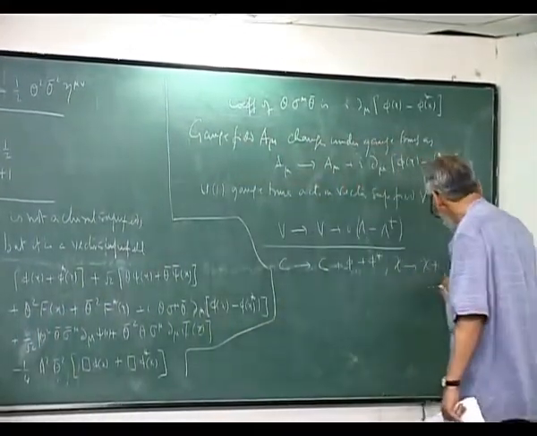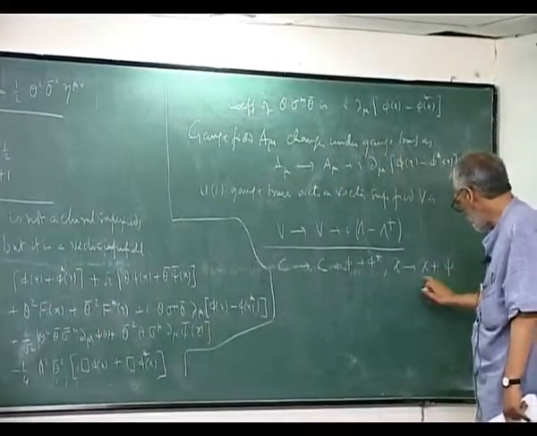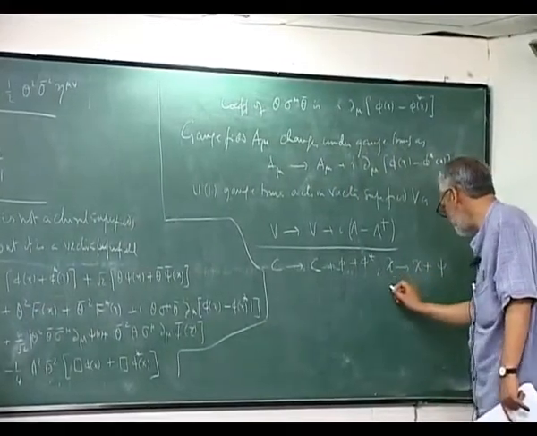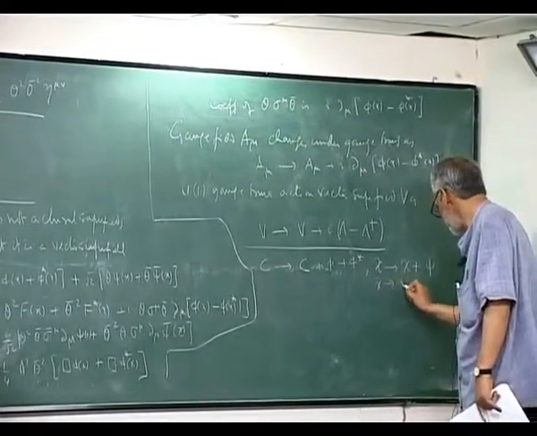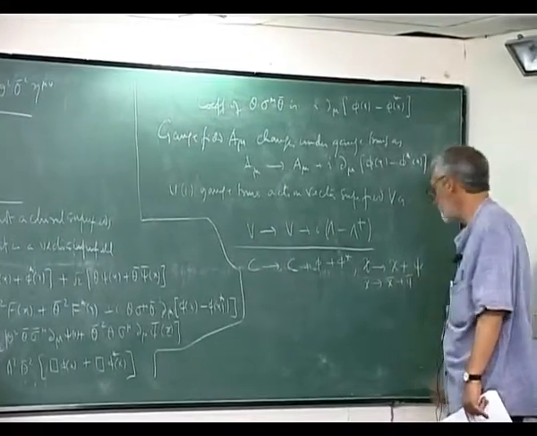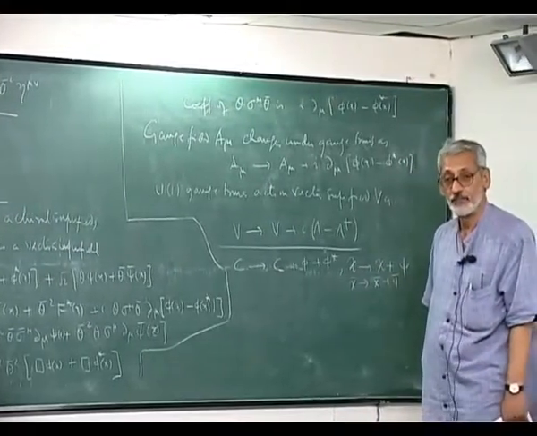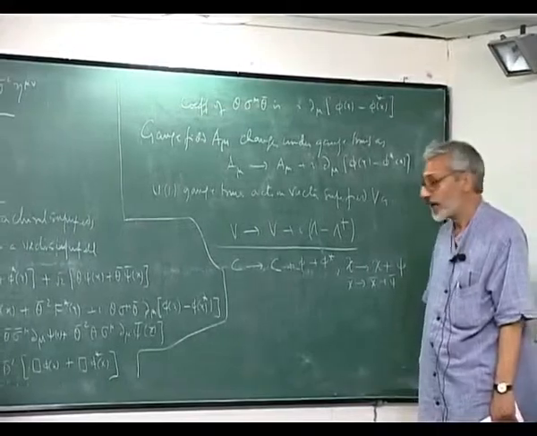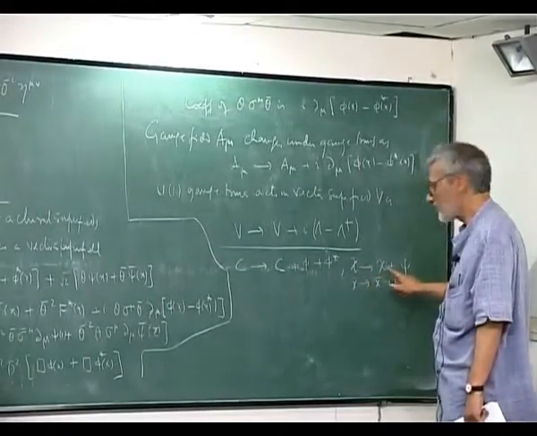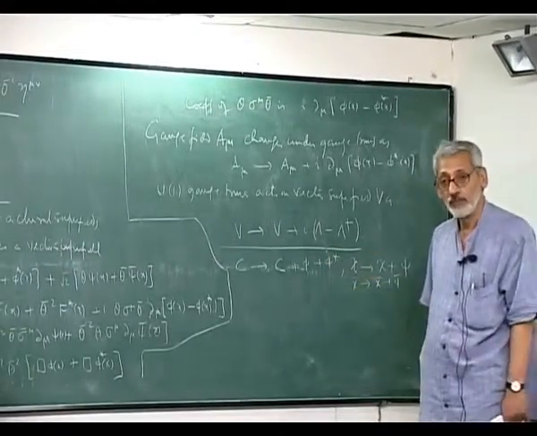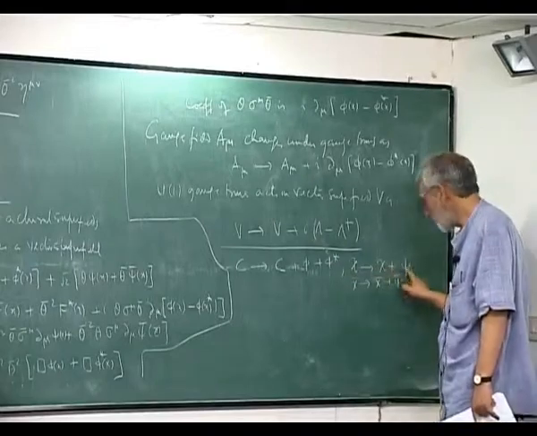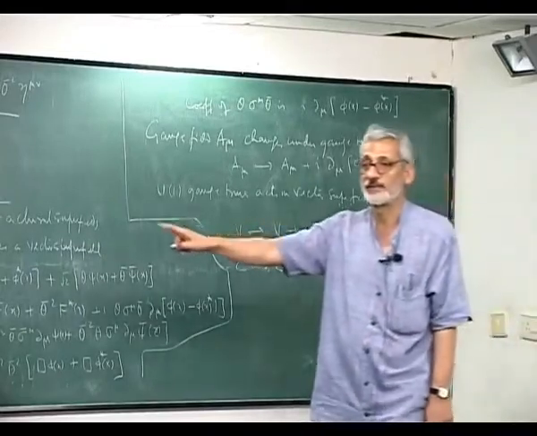So chi will get shifted by this, and chi bar will also get shifted similarly. Notice that the mass dimensions, the way we have assigned them, are consistent with this object, because both chi and psi are mass dimension half.